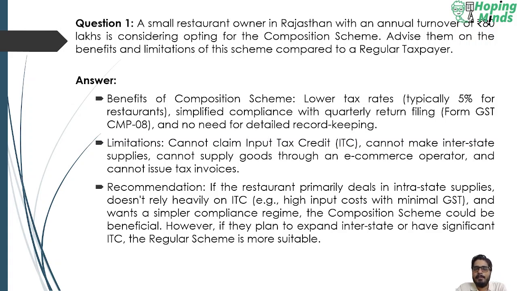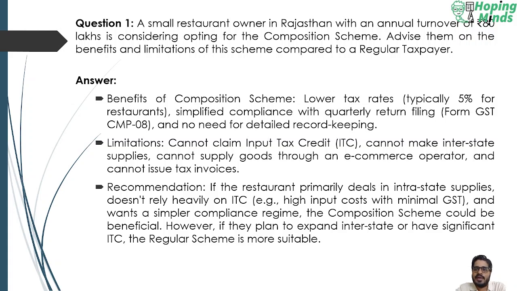In case of manufacturing and trading, this rate is 1%, and in case of services, this rate is 3%, and 3% under each CGST and SGST head. Also, for restaurant services, there is a special rate that is 5%, 2.5% under each head.